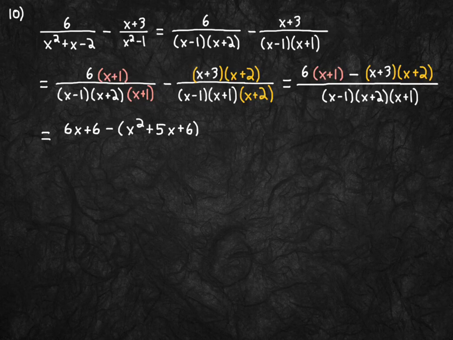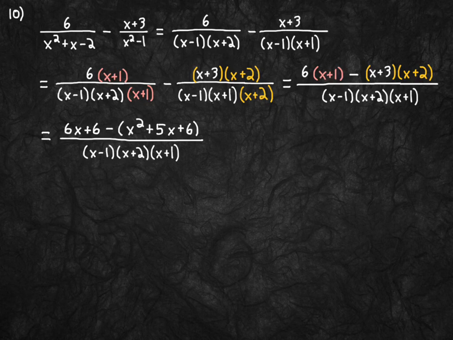So I get 6x plus 6 minus the quantity x squared plus 5x plus 6. And that x squared plus 5x plus 6 is just the quantity x plus 3 times the quantity x plus 2. And of course, that whole thing is over, write the whole expression every time. It's over this x minus 1, x plus 2, x plus 1, right?